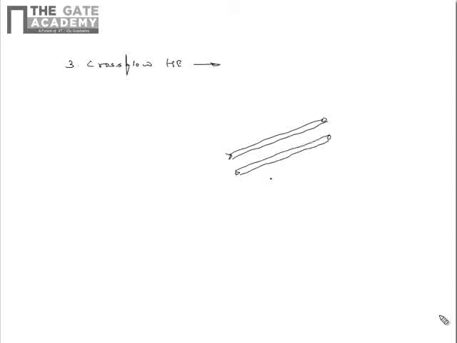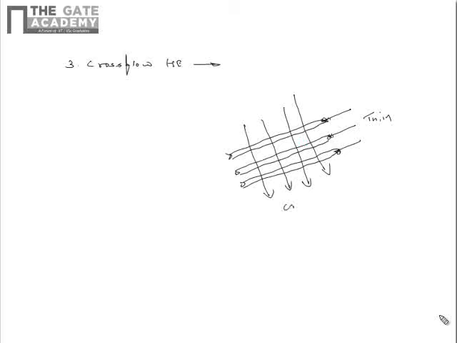If we draw it like this, one fluid, let us say hotter fluid, will flow inside the tube and the colder fluid will flow in this direction, perpendicular to the flow of hotter fluid. So this type of heat exchangers are known as the cross flow heat exchanger.